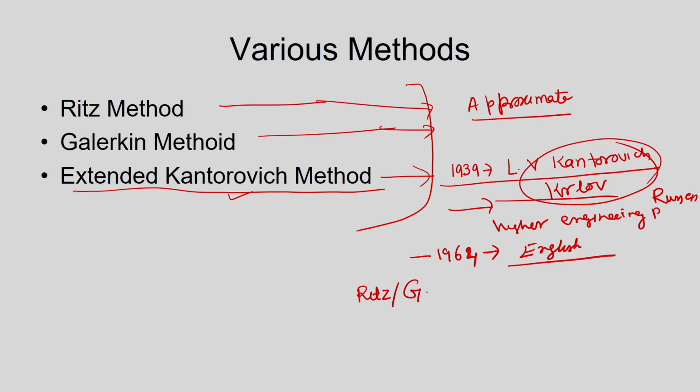So, I would like to briefly explain the limitation of the Ritz or Galerkin method. In the Ritz or Galerkin method, let us say we are going to solve a plate or a shell, and we take a variable that is a function of x and theta.